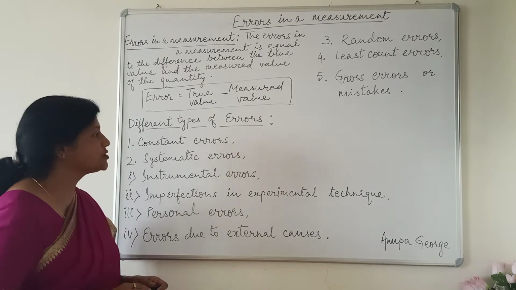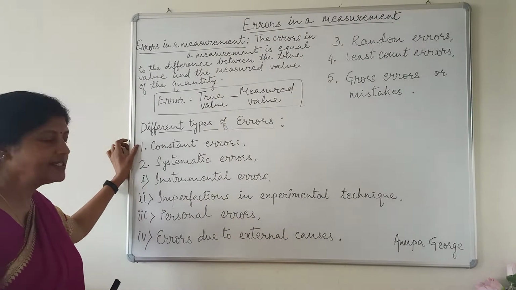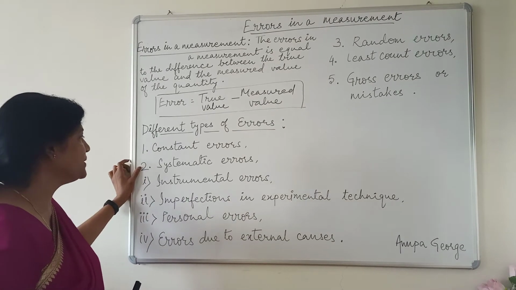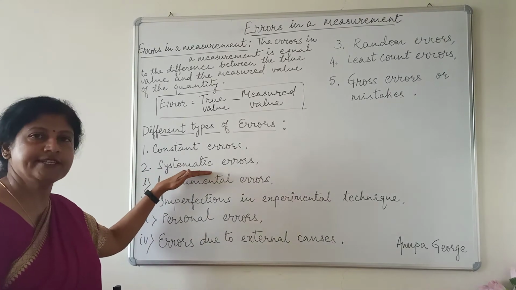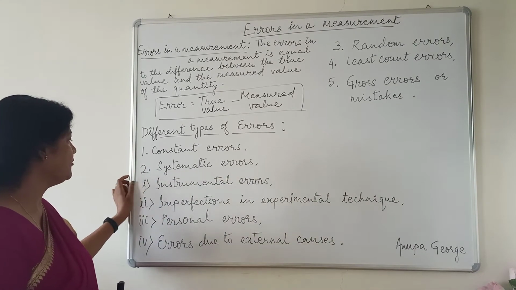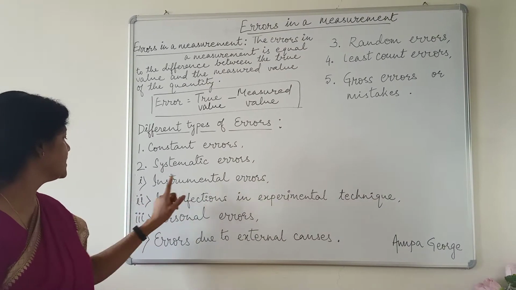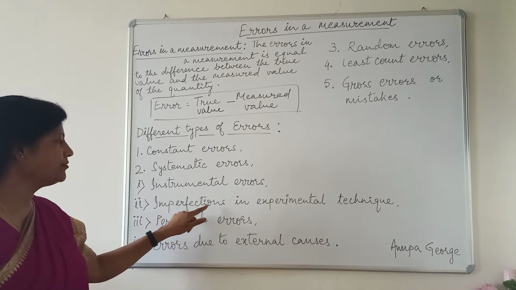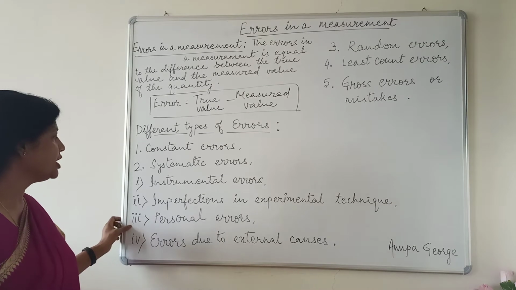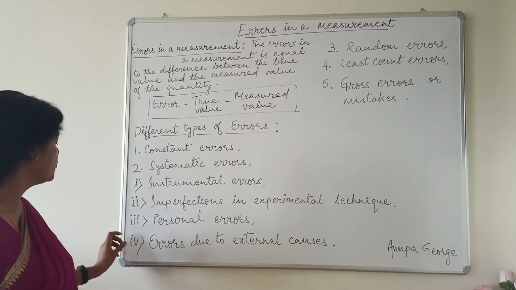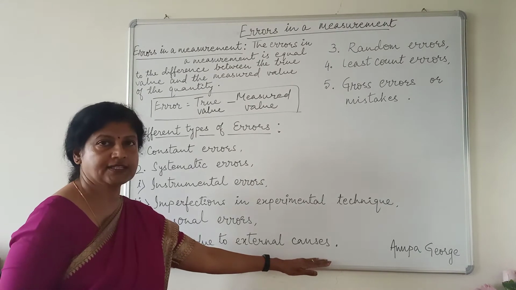There are different types of errors. Number 1, constant errors. 2, systematic errors. In systematic errors, we have: 1, instrumental errors; 2, imperfections in an experimental technique; 3, personal errors; 4, errors due to external causes.